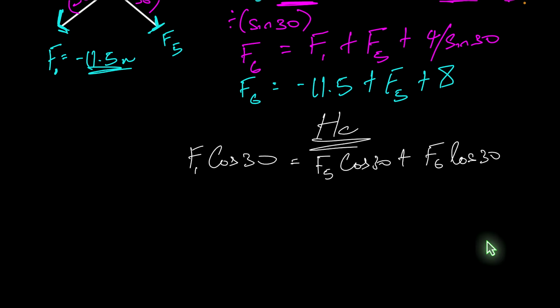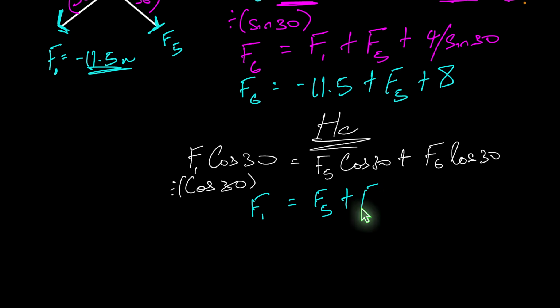And if we do the same thing that we just did, we're going to divide through by cos 30 now. So all of these members we're going to divide through by cos 30, and that will just leave us with F1 equals F5 plus F6.